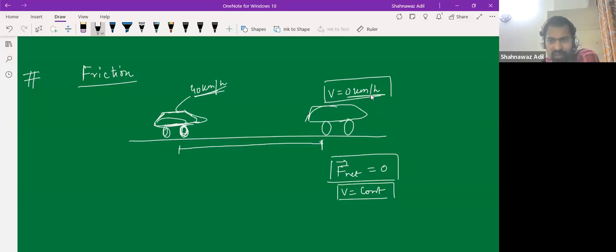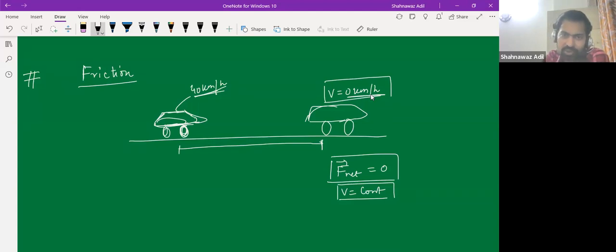No, sir, V is zero. So why is it happening? The inertia says that whatever the speed was, it will have the same speed. And this example I have already told you, right, Elham and Amna? Yes, sir.